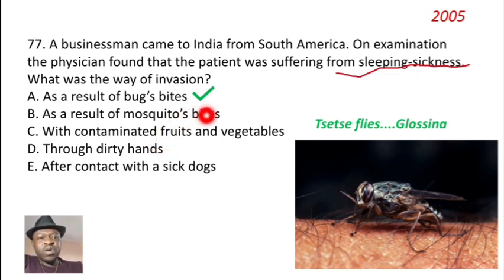Mosquito, no, this one would be malaria. And contaminated fruit and vegetables, no. All these answers are wrong. Some answers are very straightforward. Here I'm just trying to help you remember, because when you're under pressure in the exam, you might make mistakes. That's why I'm trying to stimulate your visual memories.